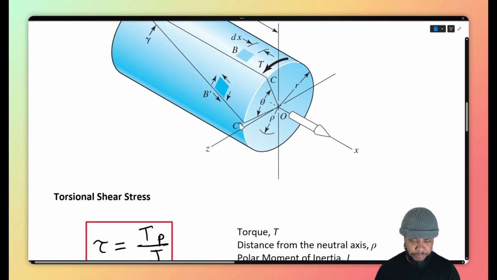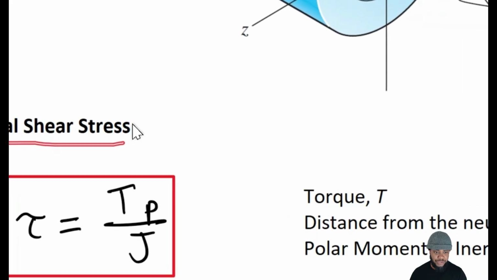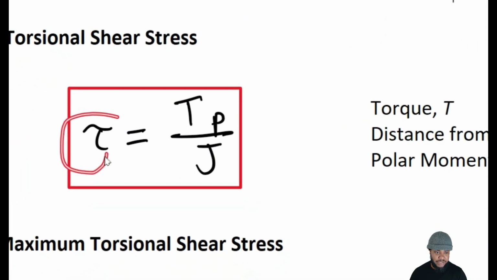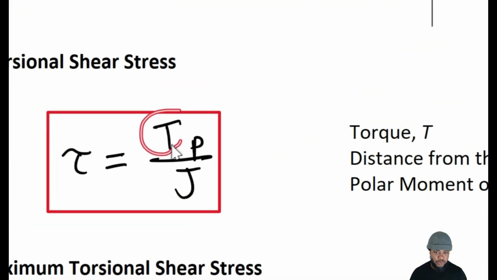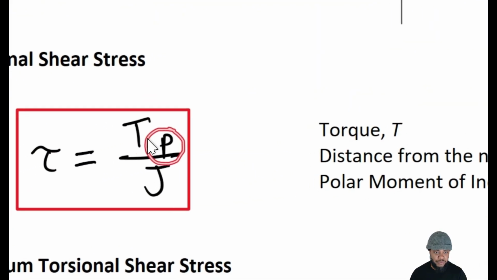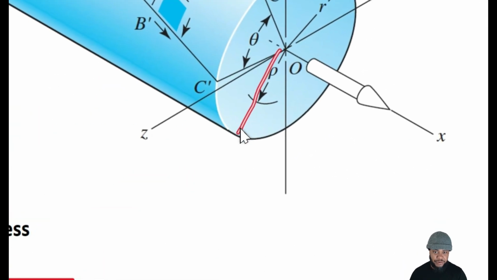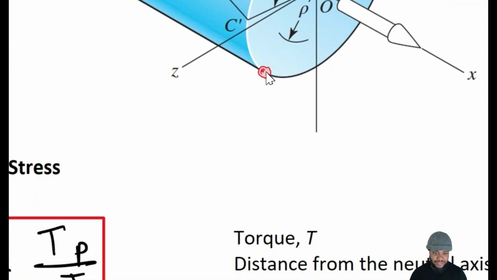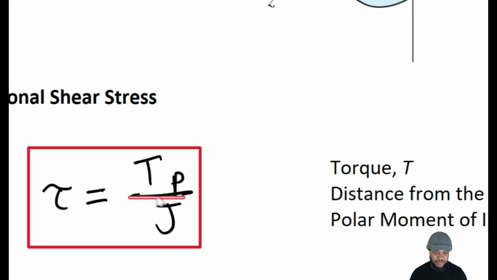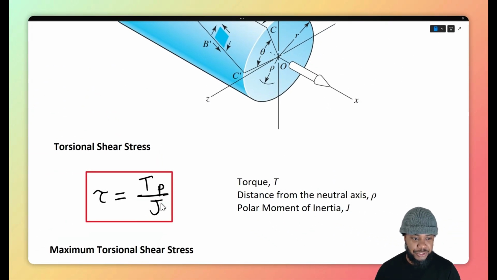Now, torque, when we think of its impact in the state of stress, induces torsional shear stresses, where torsional shear stress, tau, is equal to the torque times the distance from the neutral axis at which we want to calculate that stress, meaning if we are on the outer edge of our body, the torsional shear stress is the highest, and divided by our polar moment of inertia of our cross section, right?